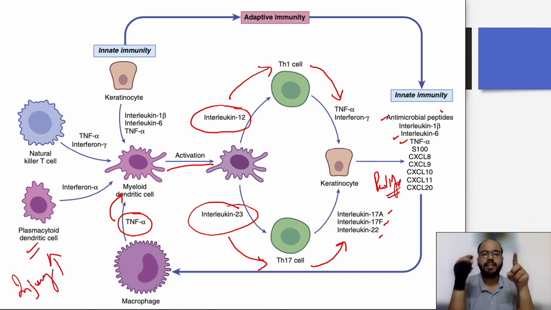Keratinocyte injury activates dendritic cells. Dendritic cells of the plasmacytoid variety will activate the myeloid variety. The myeloid variety will further activate different T cells to secrete interleukin 12, interleukin 23, and subsequently downstream cytokines. And then it becomes a cycle, and inflammation keeps on increasing.